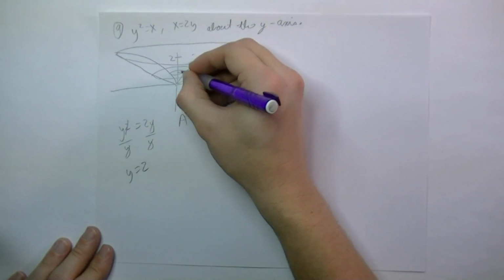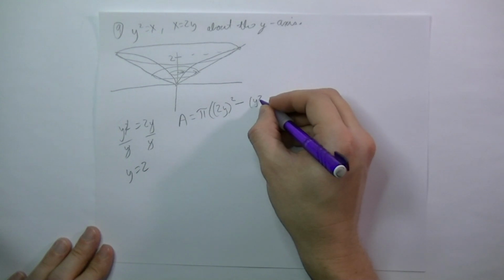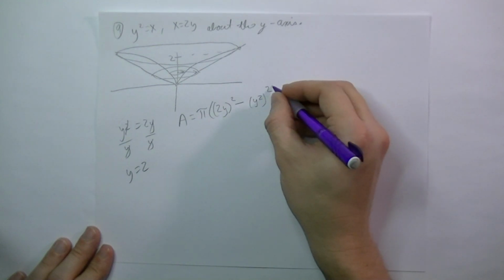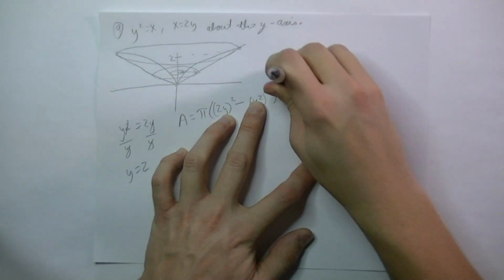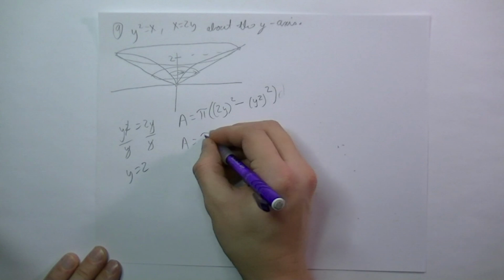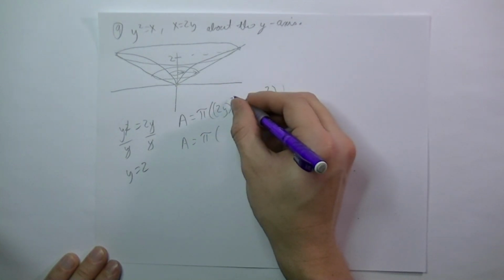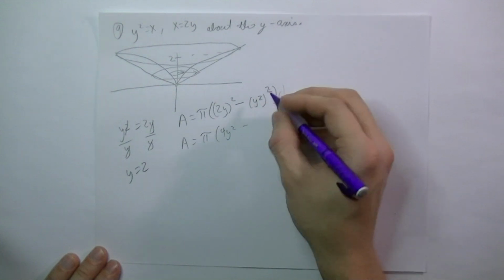So here the inside radius is going to be y squared, and then I need to square that. Okay, so my area is pi, and 2y squared will be 4y squared, and y squared squared will be y to the 4th.